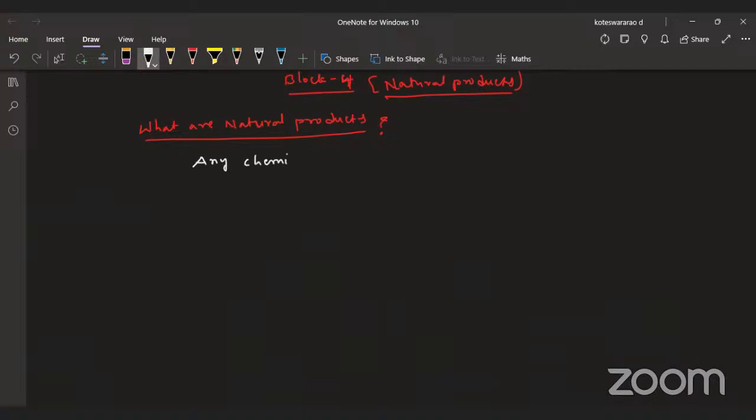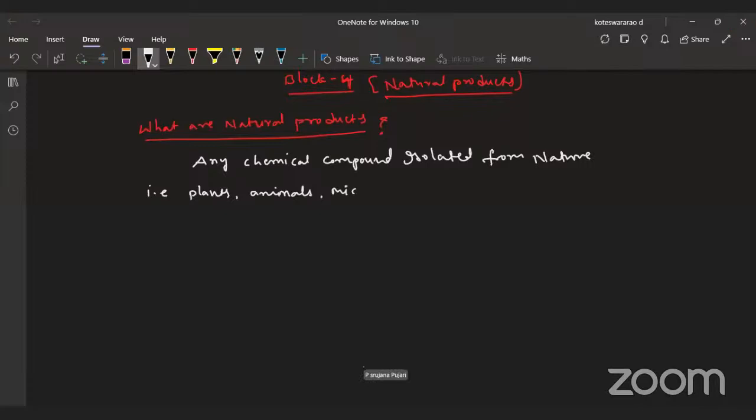Any chemical compound isolated from nature, that is plants, animals, microorganisms like bacteria, virus, fungus, soil, for example tetracyclines, and marine plants, is known as a natural product.